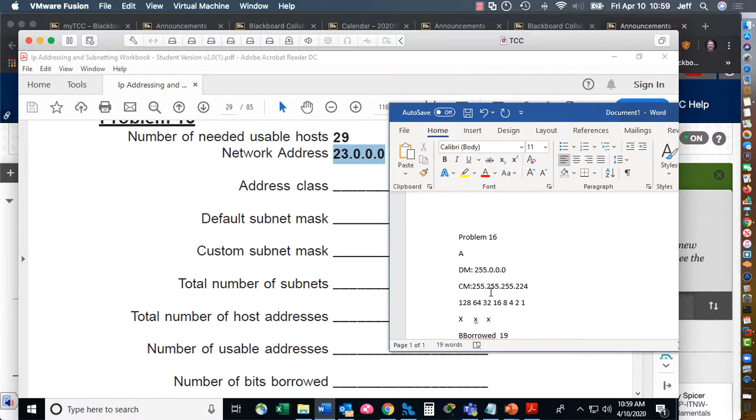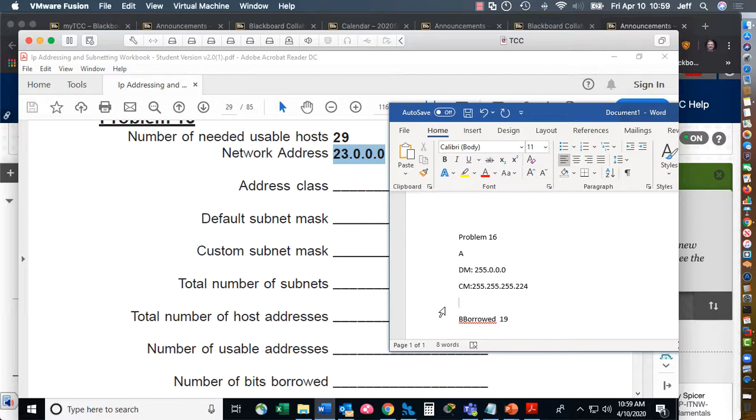So that is the 19 bits that we borrowed because we had to leave 5, right? We had 24 bits. We kept 5 at the end, and we took 8 plus 8 plus these 3, and that comes up with our custom subnet mask.